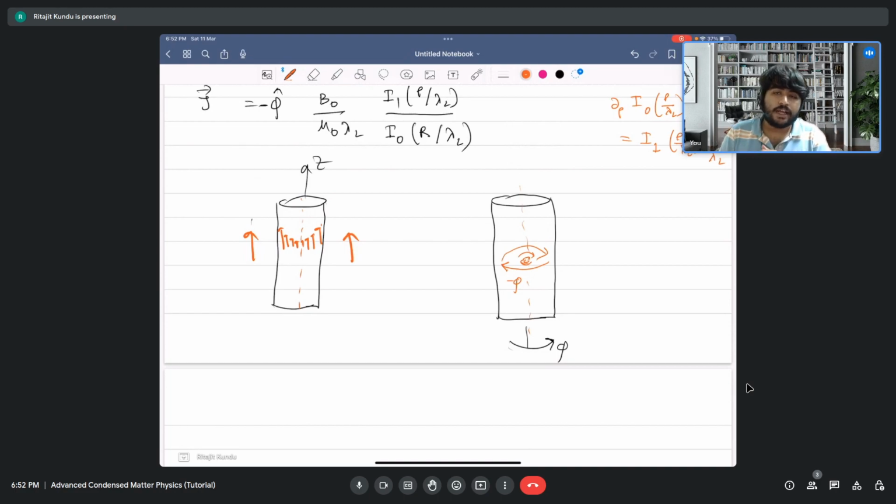You can make sense of this result with a thumb rule: if the magnetic field is in the z direction inside the cylinder, the current will be generated in the minus phi direction. A thumb rule will tell you this direction makes sense.